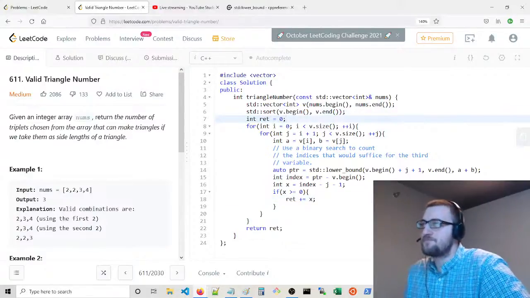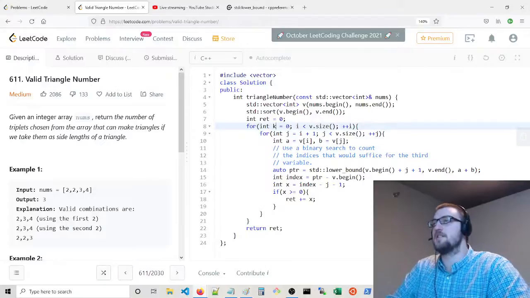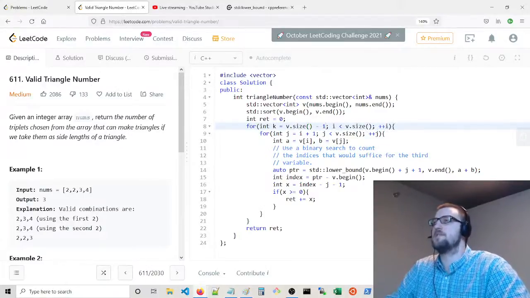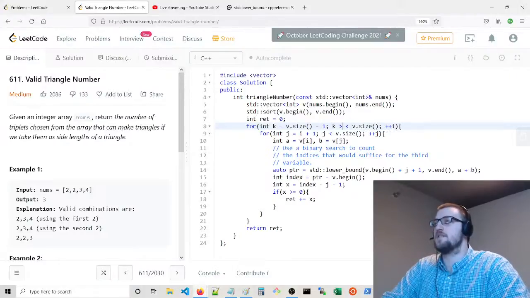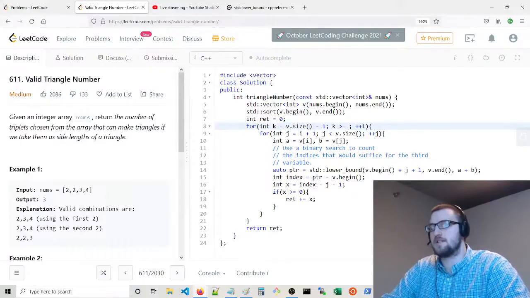Okay. All right. So we're actually going to say k equals v.size minus 1, and k is greater than or equal to 0. Really, k has got to be greater than or equal to 2, I think. Sliding window.